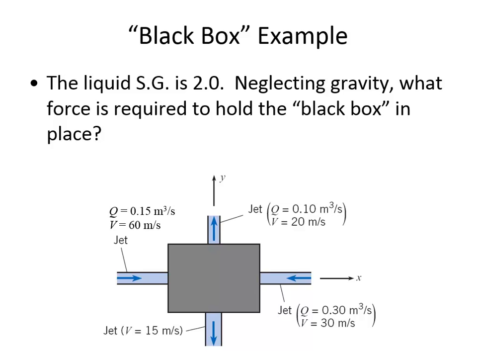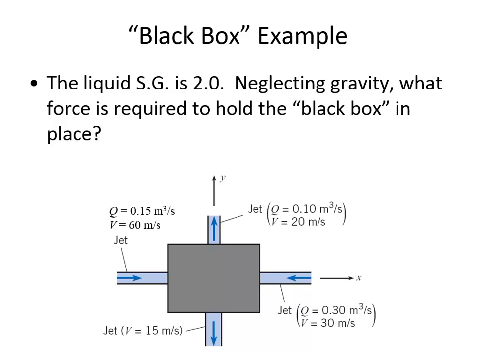Okay, now in the y direction is where we're going to have to apply continuity in order to find out what's the mass flow rate of stream 3. Let's do the y direction now.